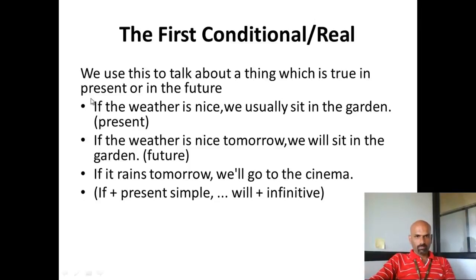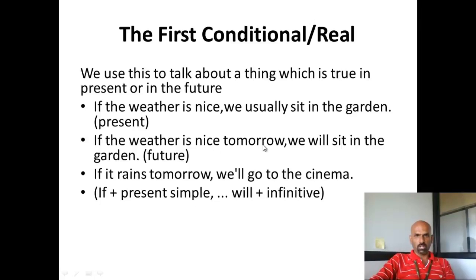Here, this is the if clause, if the weather is nice, in the present tense, we usually sit in the garden, again it is also in the present tense. Actually, here it is a routine activity. Routine activities can be given in the first conditional or in the zero conditional also. If it is a permanent activity, you can always give it in the zero conditional because we have not used the future tense here.